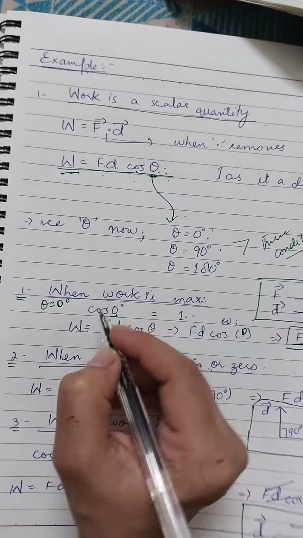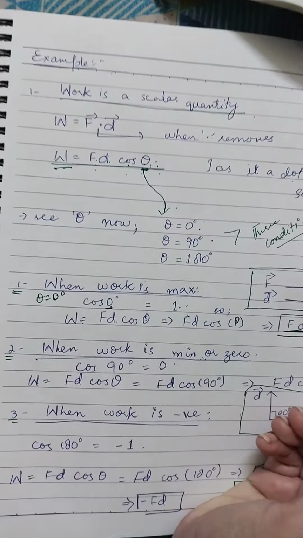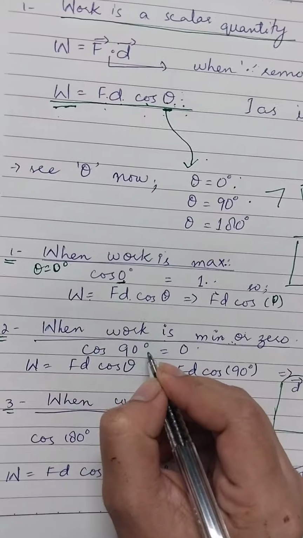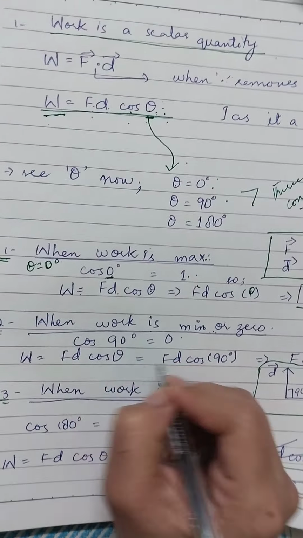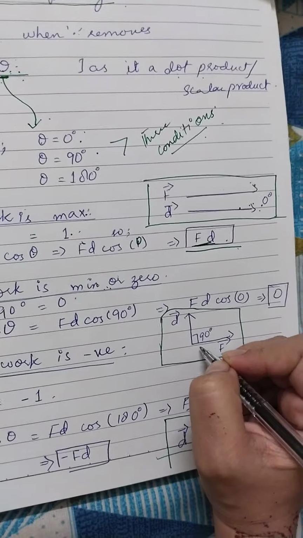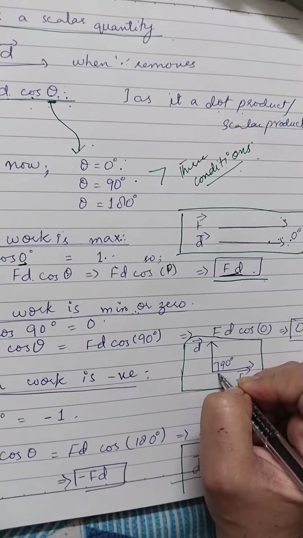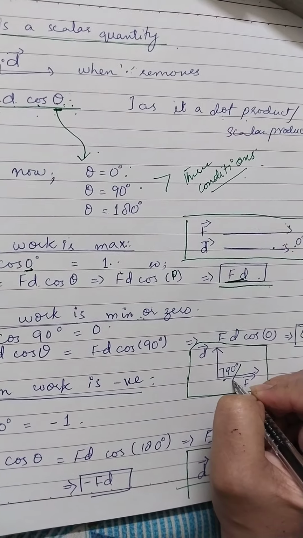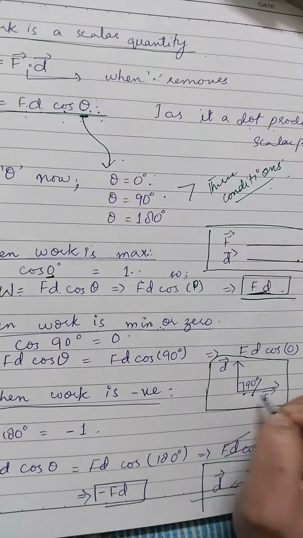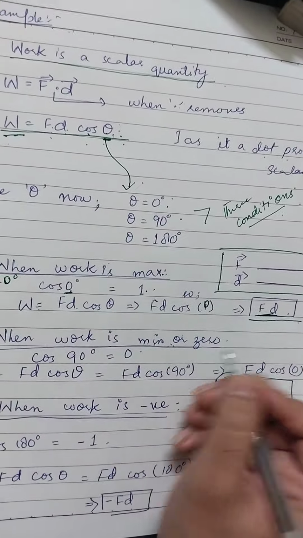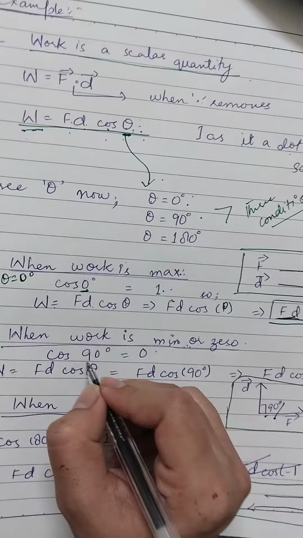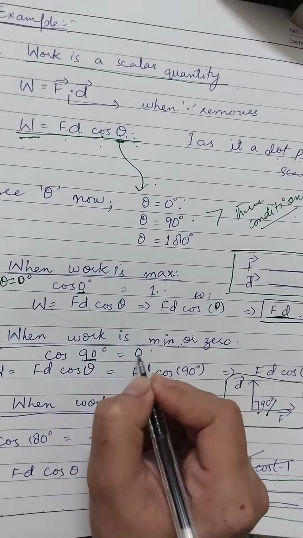Let's just focus on when your work is minimum. Whenever force and displacement are perpendicular, the angle between them is 90 degrees, and at that time your work done is minimum or 0. Why? Because cos 90 is 0.